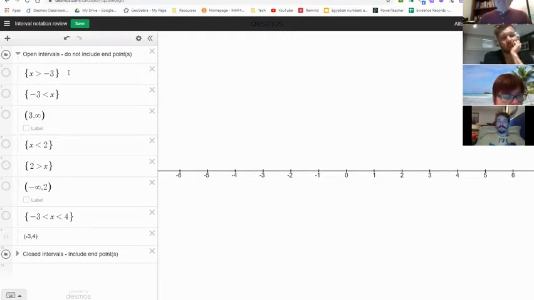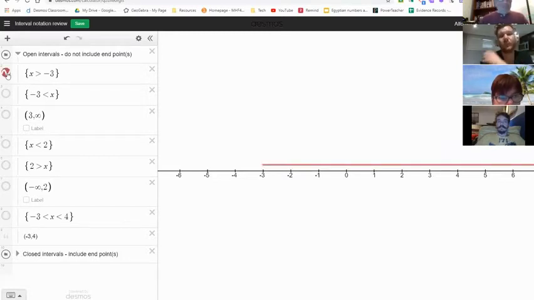X is greater than -3, okay? That means that this interval, this set of points, is any number that is greater than -3. So for example, -2, or 1, or 0, or -2.999. So this is our interval, yeah?